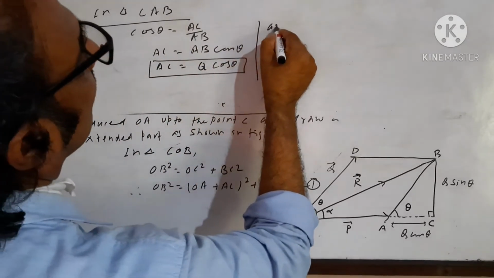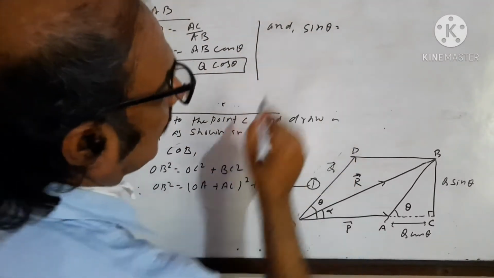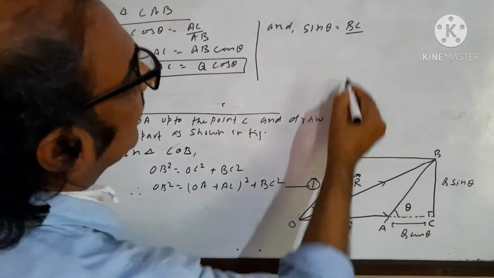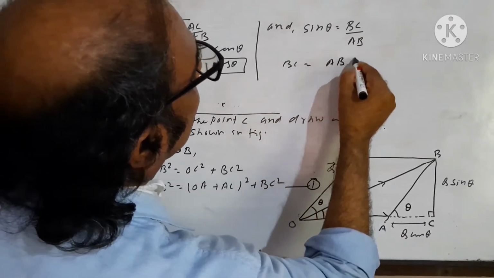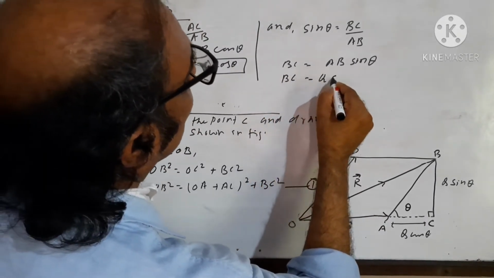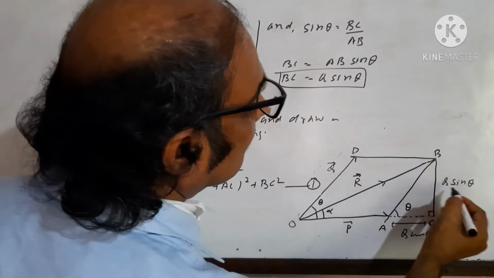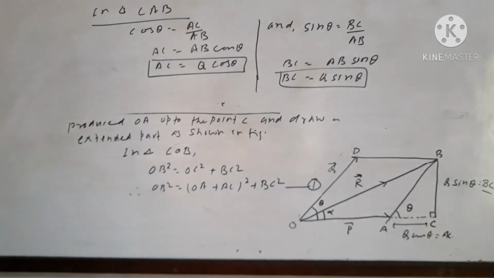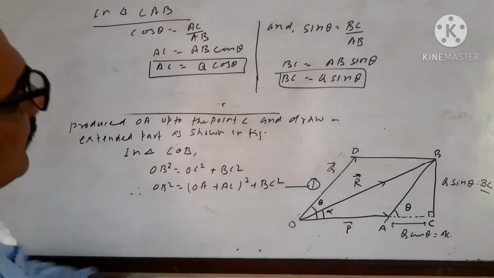In the same triangle, sin theta equals BC by AB, so BC equals AB sin theta, and then BC equals Q sin theta. So this is the representation: this one is BC and this one is AC. Substituting the values of AC and BC in equation number 1.